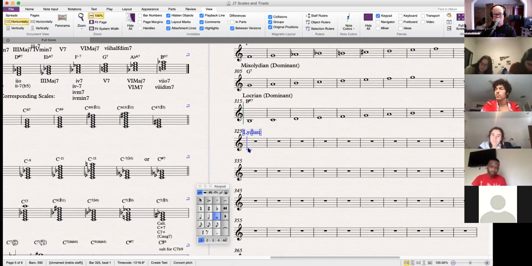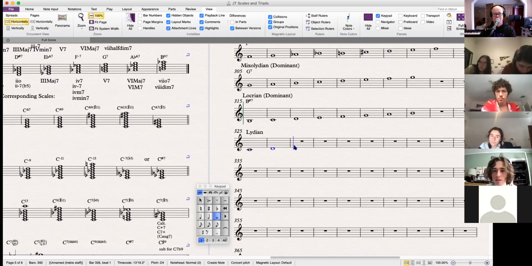So C is the fourth of what key? G. G has 1 sharp in it. It's F sharp. So a Lydian mode looks a lot like a major scale, no sharps and flats, but it has a raised fourth because it shares the key signature with G major.